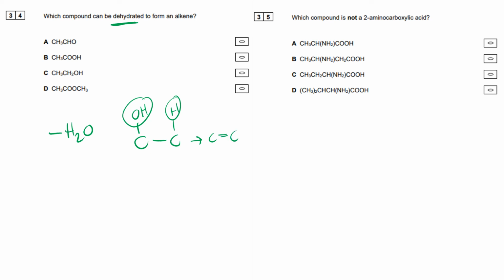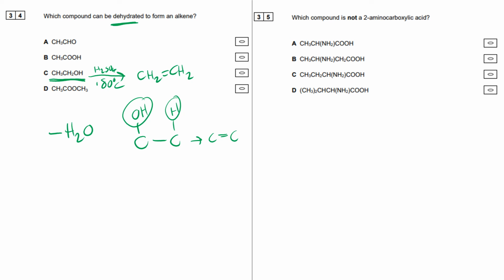So dehydration will occur in alcohols only. So the dehydration of ethanol, this occurs in the presence of concentrated sulfuric acid, about 180 degrees Celsius, will form ethene. The other ones will not be dehydrated.